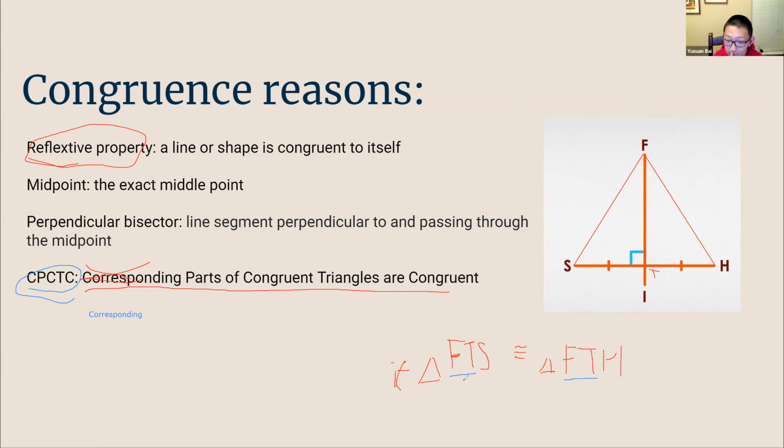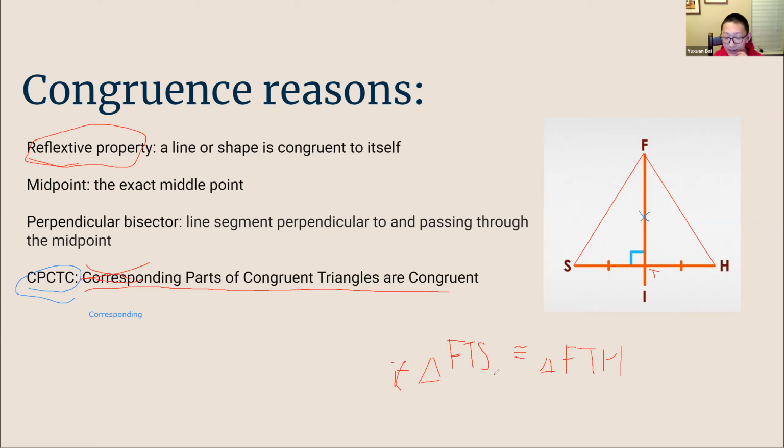Because FT is congruent to itself by the reflexive property, because it's the same line segment. And by CPCTC, you can also prove that FT is congruent to itself, because they are corresponding sides of two congruent triangles. And then it will be basically the same thing for the next two sides.